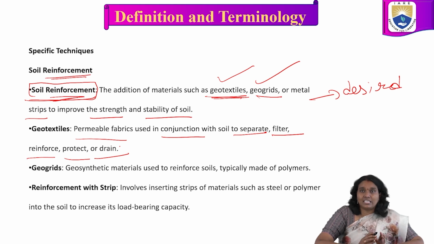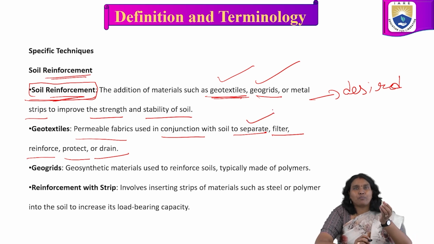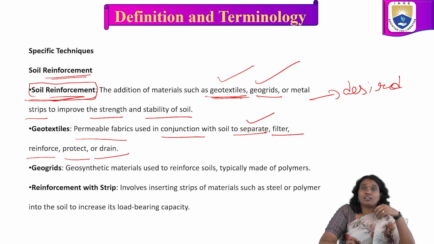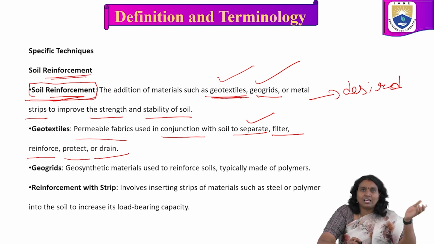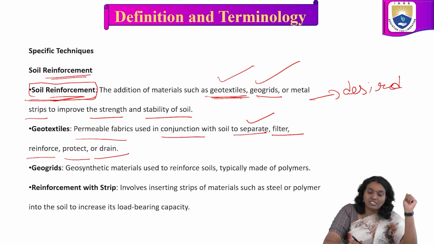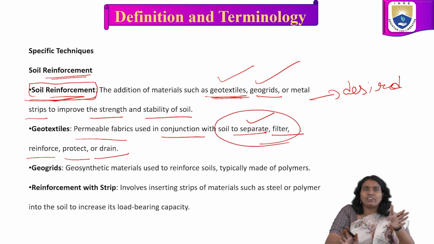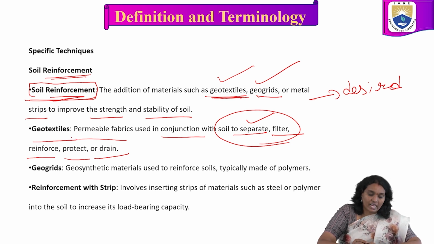As per the requirement, we choose the type of fabric, whether to separate, filter, reinforce, protect or drain. Different types of permeable fabrics are there, depending on which soil we require. According to that, we choose these geotextiles, which are nothing but permeable fabrics used in conjunction with soil.